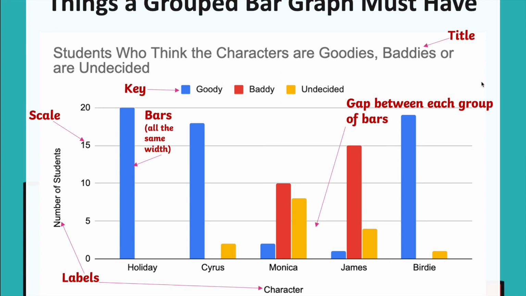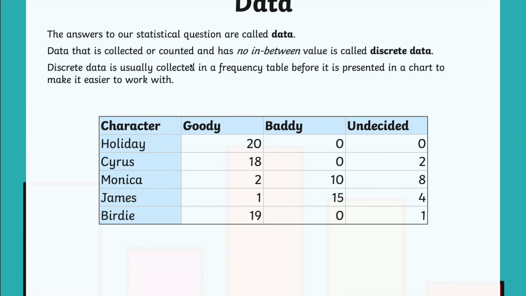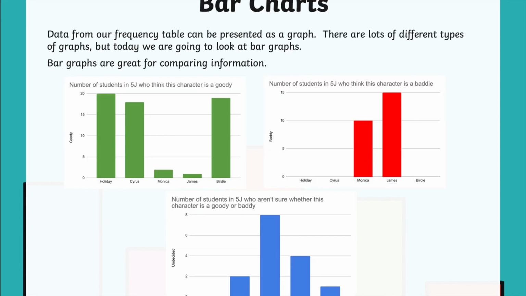Now, boys and girls, your job today is going to be to take a data set like this, but based on all of year 5, and I want you to try and create 2 different types of bar charts or bar graphs. I'd like you to create single bar charts like this, and you can choose whether you want to represent each character that's a goodie, a baddie, or undecided.